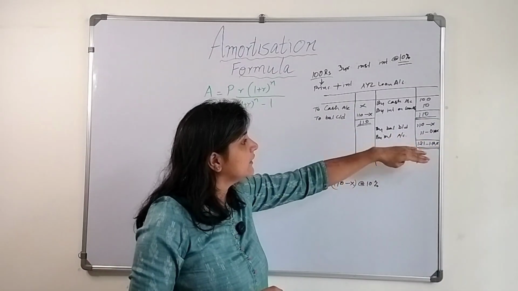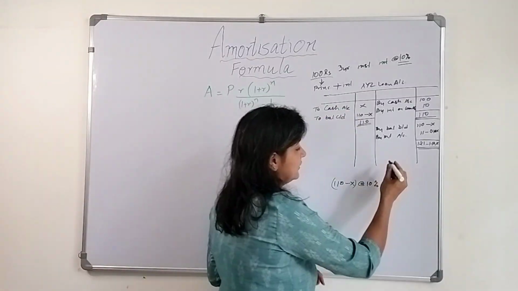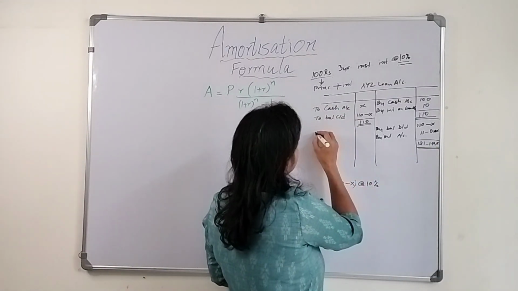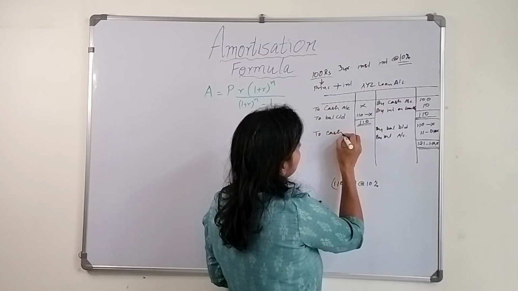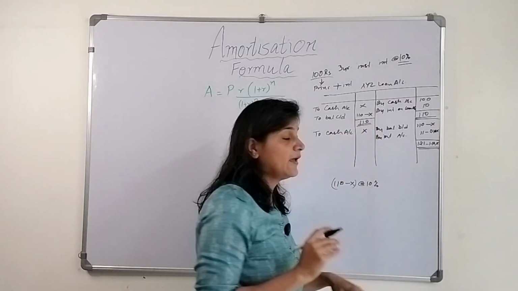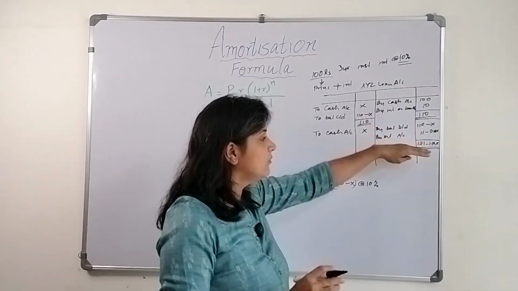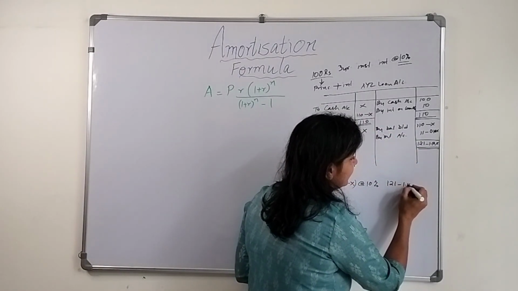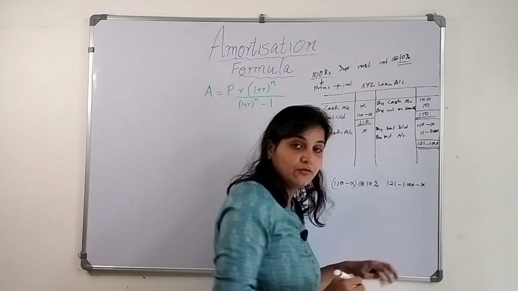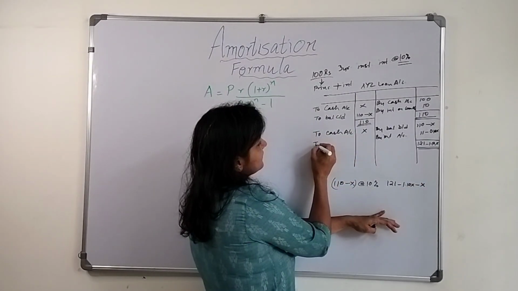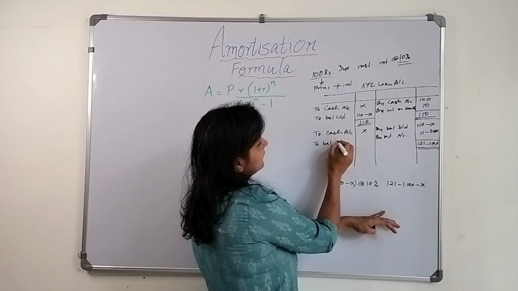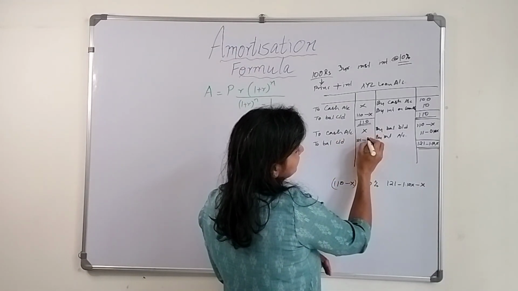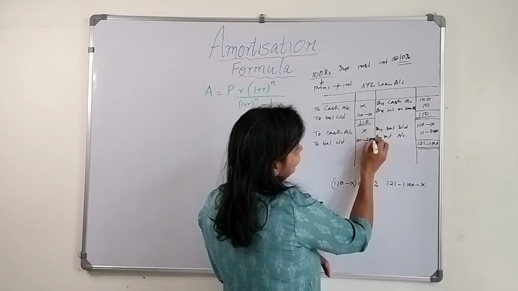Now again I am paying an X amount to cash account. So now how much is due? 121 minus 1.10x minus X. So the balance carried down will be 121 minus 2.10x.